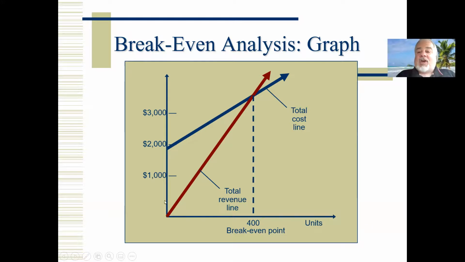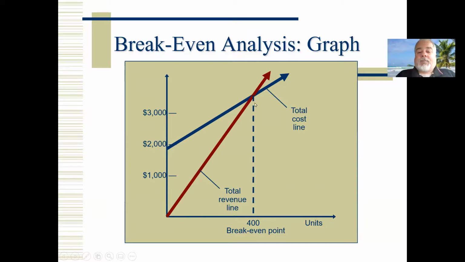I'm 2,000 in the hole. Make 1 raft, the difference is 1,995, and this line is going up at twice the rate. It's going up at $10 for each raft because I'm selling them at $10 a piece. So where these two lines cross, that is the break-even analysis, the break-even graph.